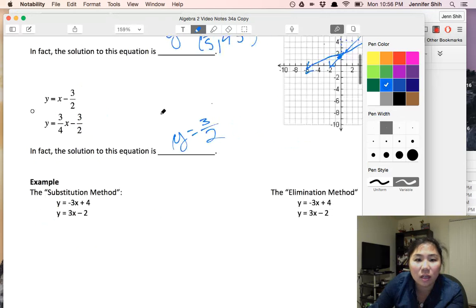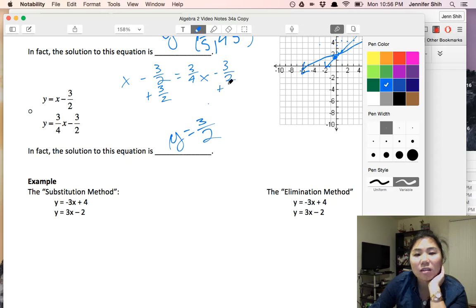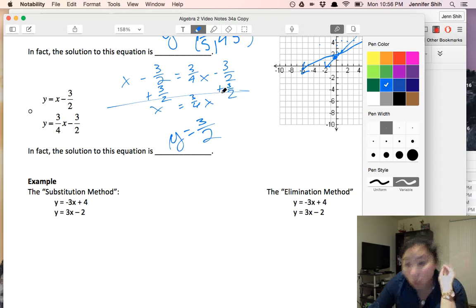Very quickly, if I use substitution, I have x minus 3/2 is equal to 3/4 x minus 3/2. If I add 3/2 to both sides, I have x is equal to 3/4 x. The only x value that makes x equal to 3/4 x is x equal to 0. That's the only value that makes both sides equal. So I used substitution here. It was not very practical to graph this, but there are solutions.